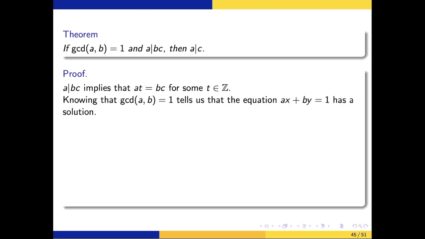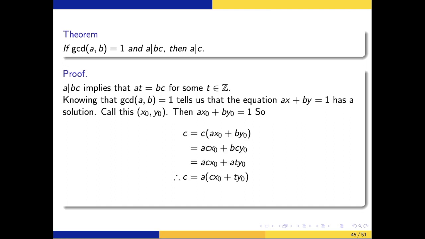Also, knowing that the GCD of a and b is 1 tells us that the equation ax plus by equals 1 has a solution. Let us call this solution x0, y0. So ax0 plus by0 equals 1, and so c, which is equal to c times 1, is equal to c times (ax0 plus by0).